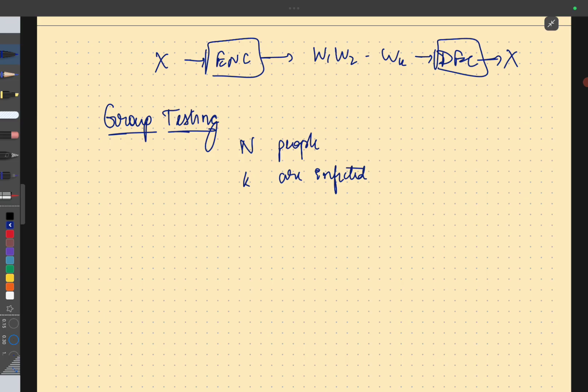Back when we had COVID, during the pandemic, the problem was you didn't have enough kits. One naive way is to test each person and find out which person was infected.